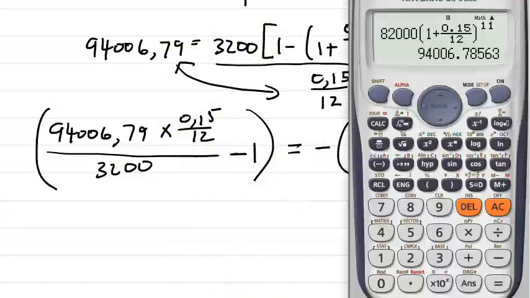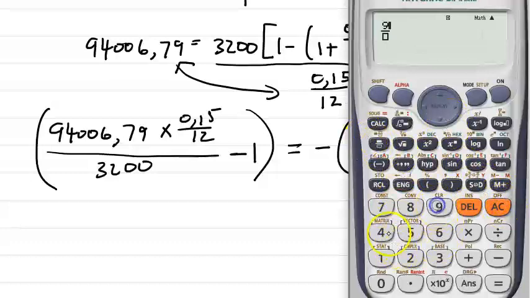So let's have a look at that. Here we've got 94,006 rand and 79 cents times 0.15 over 12, and we're going to divide that by 3,200 rands, and we're subtracting 1 from that.